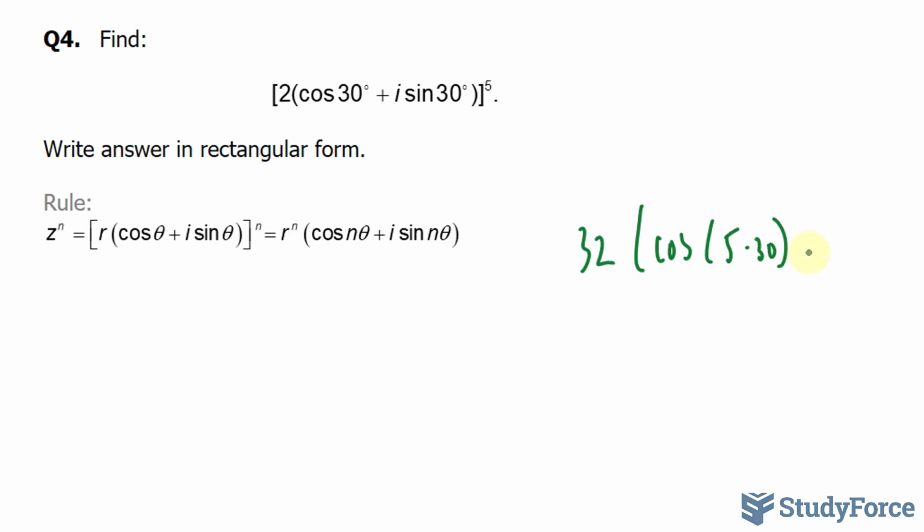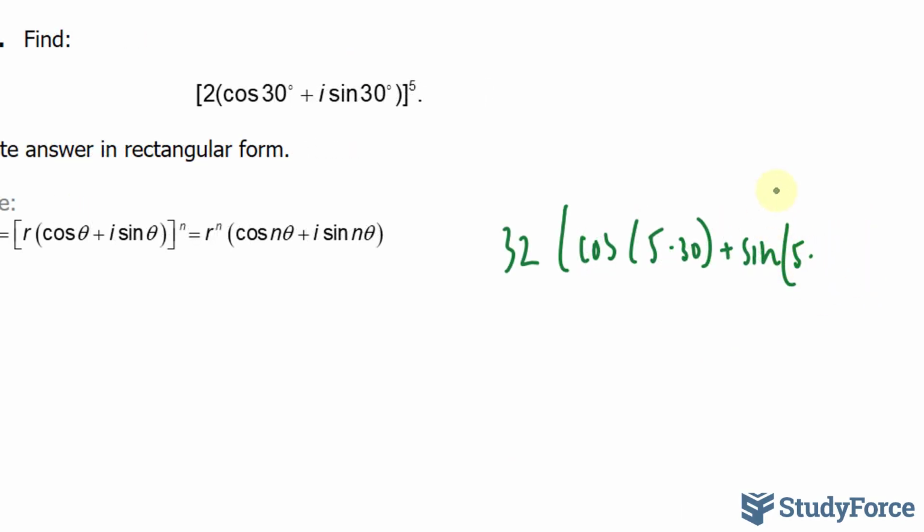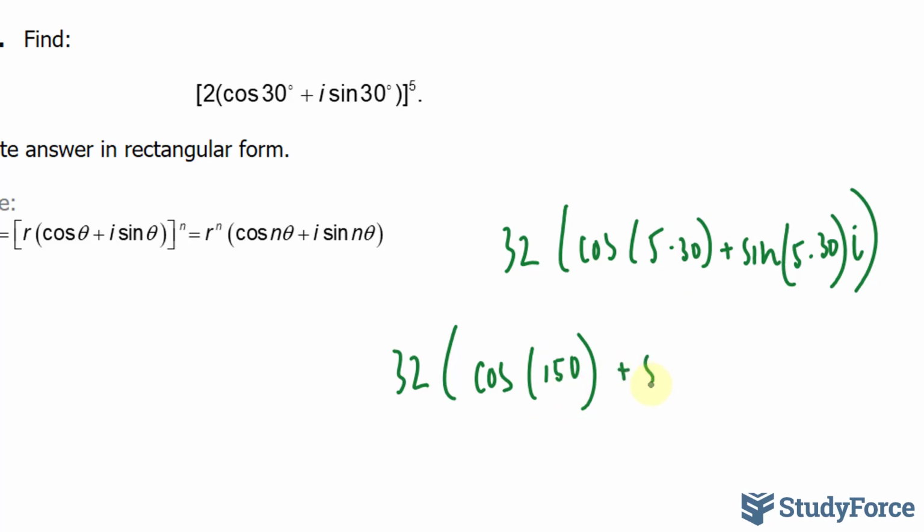We'll simplify in a moment. Plus sine 5 times 30 times our imaginary unit i, we end up with 32 cosine of 150 plus sine of 150 i.